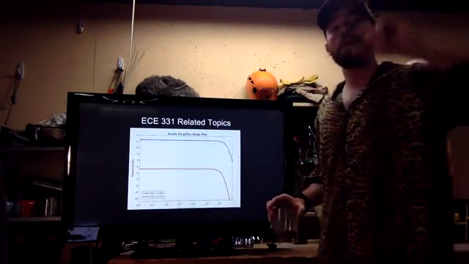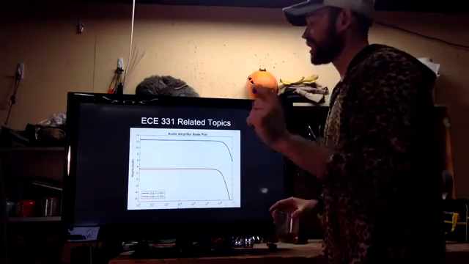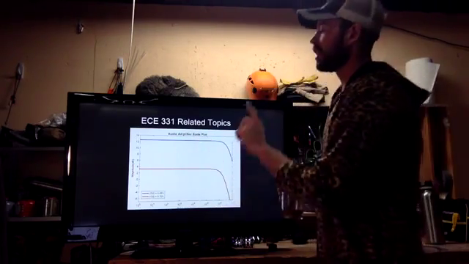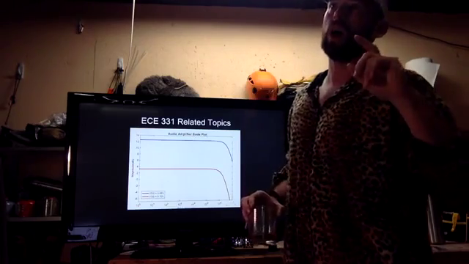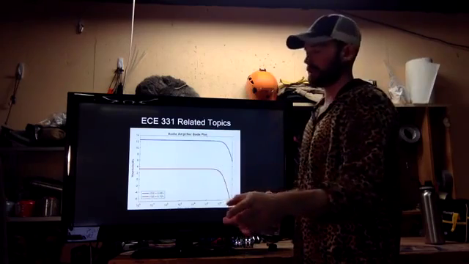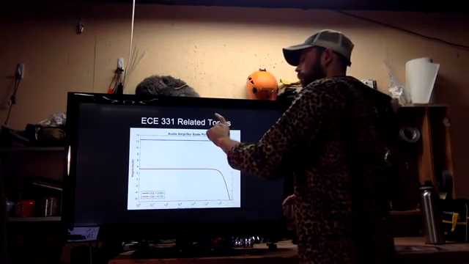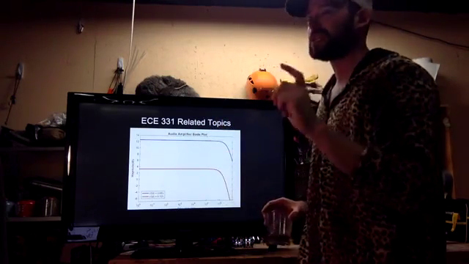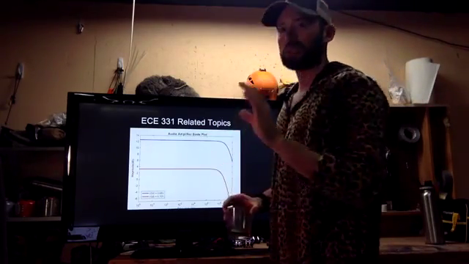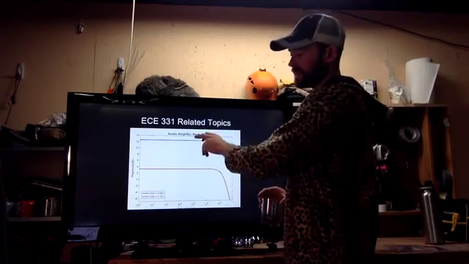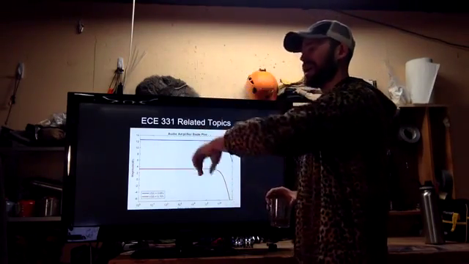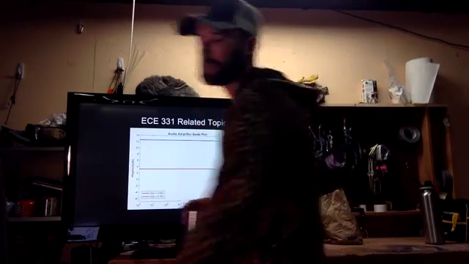However, if we raise VB to 0.7 volts, we actually have a decrease in the gain. So that means that the ratio of input to output actually decreases because of circuit elements when you increase the DC voltage. That doesn't mean that the actual output signal is weaker than this. That just means that the relationship between the input and the output actually decreases.